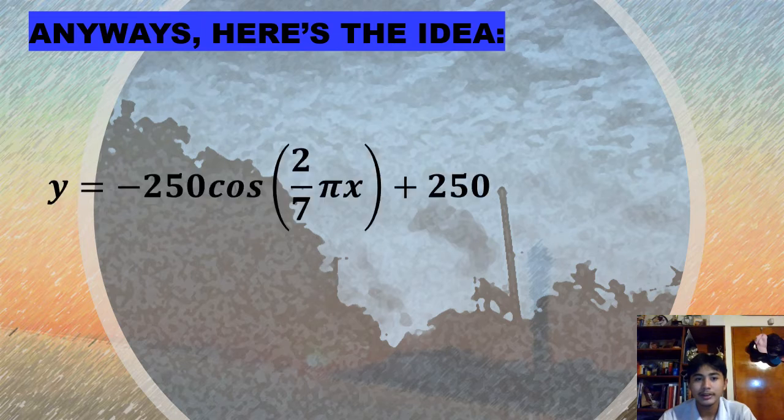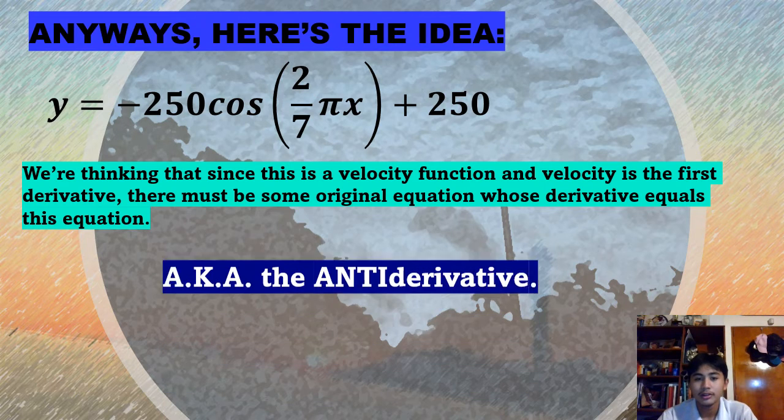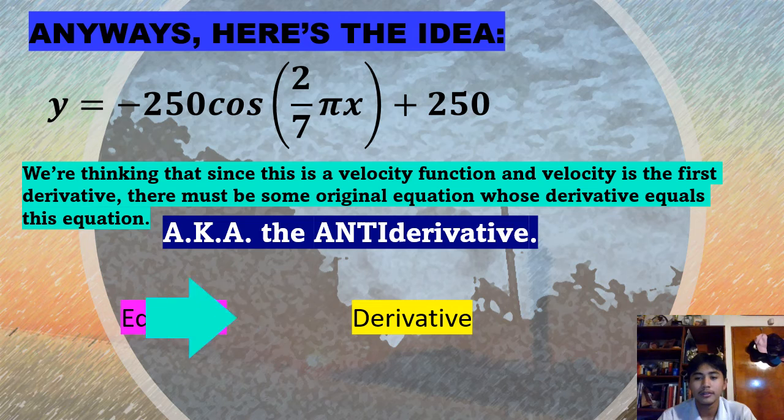So the idea is we're thinking that this is a velocity function, right? And since velocity is the first derivative, there has to be an original equation of which velocity is the derivative. So we're going to try to find that equation, which is also known as the antiderivative.